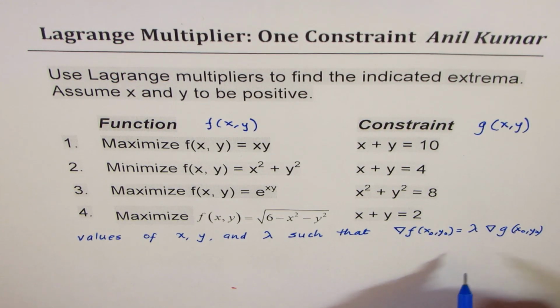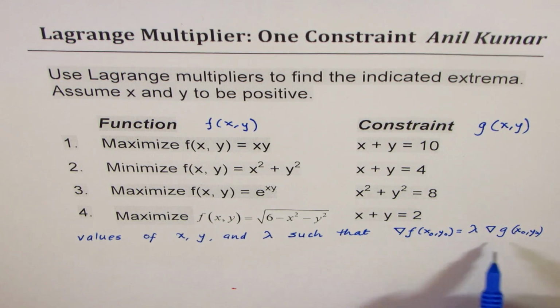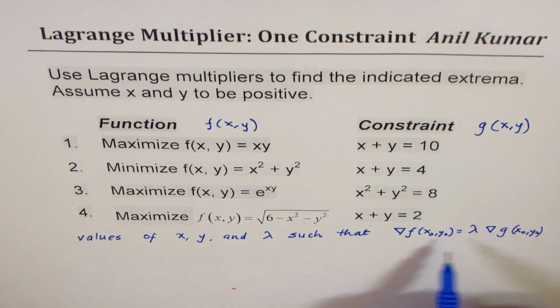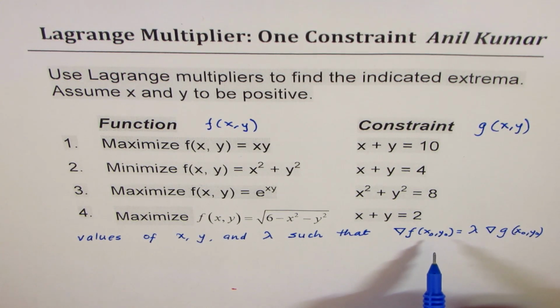So that is what we are looking for. Those who are not familiar with vectors may think of this as the slope of the normal. So the slope of the normal will be the same at the optimum value, right?